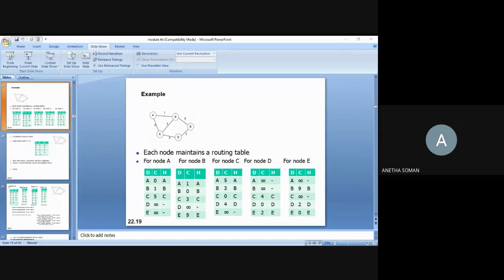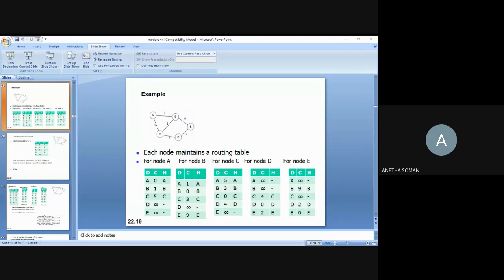Now next one, Drishya, you can answer for B. Drishya, tell me. Did you complete it? A1A, B0B, okay, C3C, okay, D7C, okay, E9E.